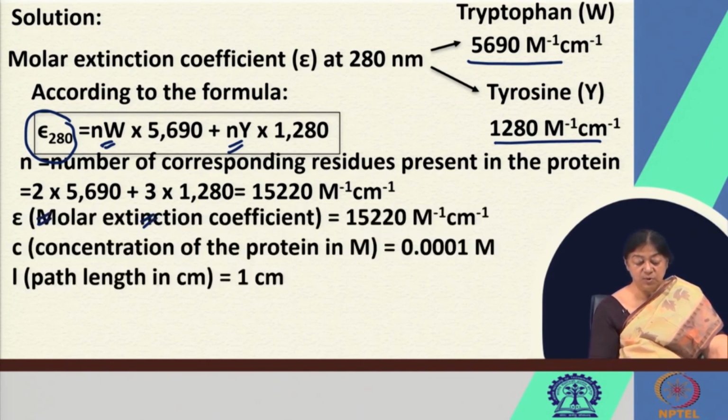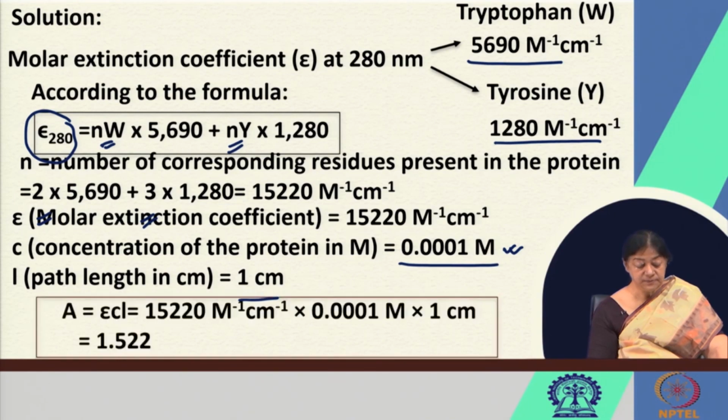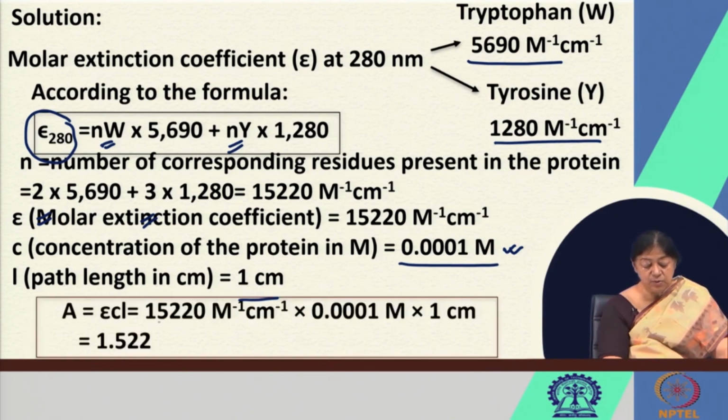Once we have the molar extinction coefficient, we know the concentration and the path length. The concentration was given as 0.1 millimolar, and we have to be very careful that our units cancel out, because absorbance values are unitless. So, we have a value of 15220. Where did we get this from?